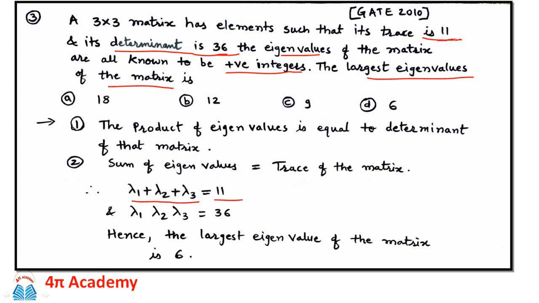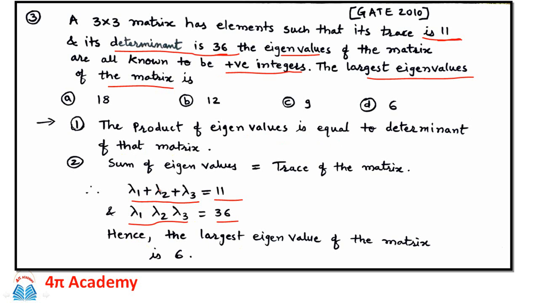So the trace of the matrix is given, which is 11. And the another property is the product of eigenvalues is exactly equal to the determinant of that matrix. So the product of lambda 1, lambda 2 and lambda 3, that is the product of eigenvalues, is exactly equal to the determinant of the matrix, which is also given as 36.